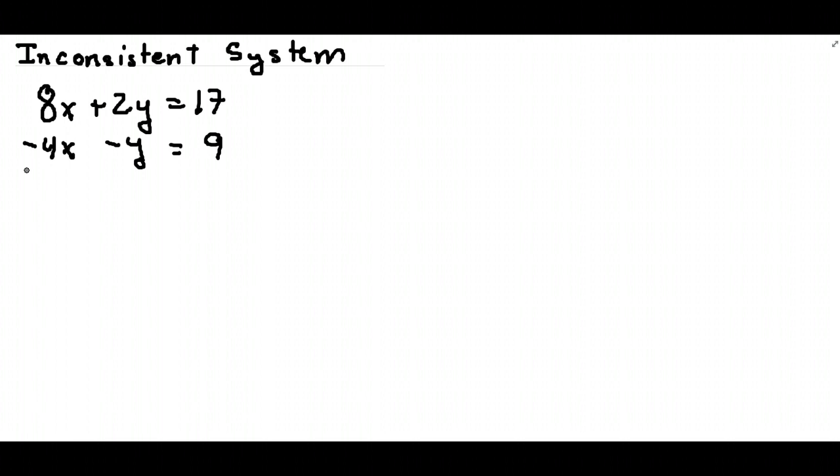Well, if we already have 8x in our first equation, and our second one is negative 4x, if we multiply the second equation by 2, that does allow us to eliminate that x variable. So let's go ahead and do that. If we multiply everything by 2, what we end up with is negative 8x minus 2y equals 18.